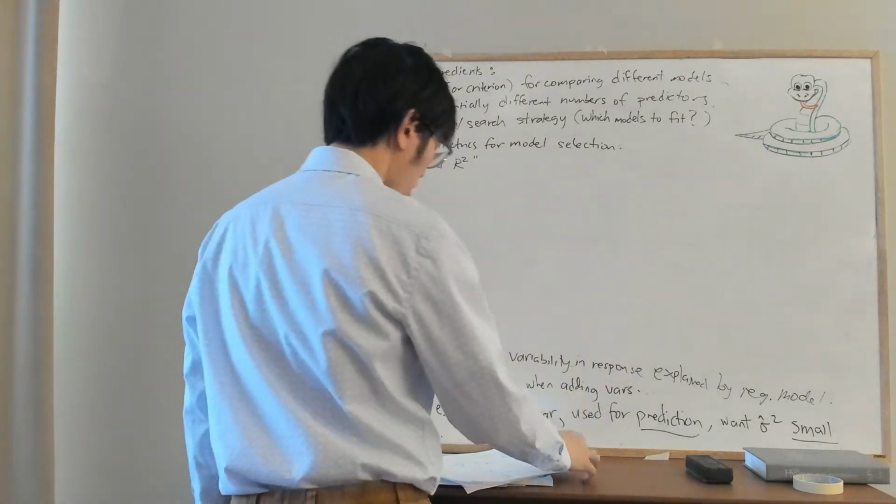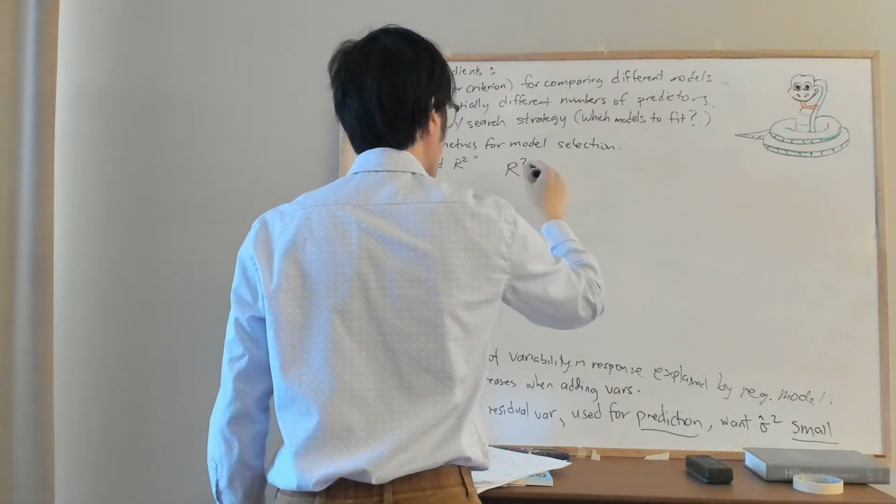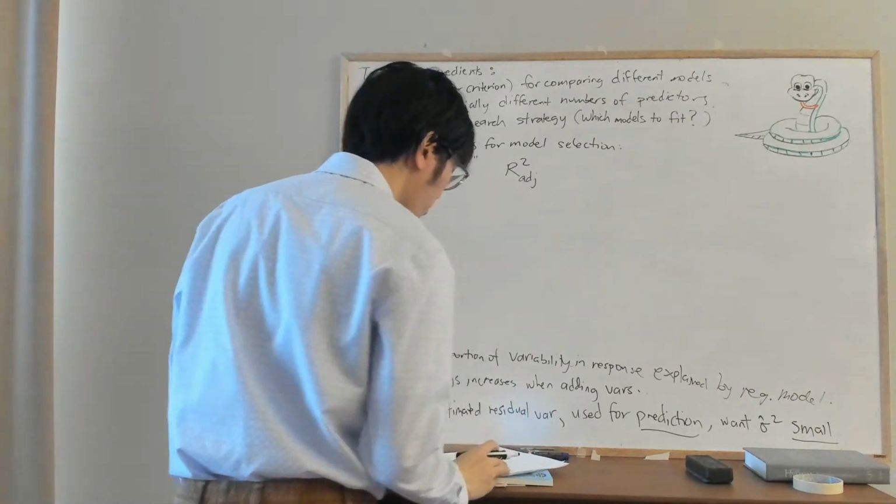So how is it calculated? Let's give it the notation r squared with subscript adjusted.